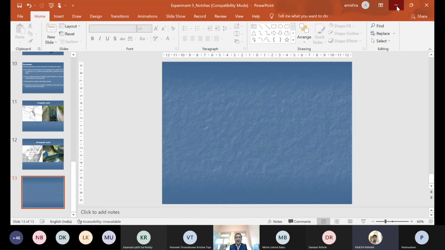So it's a 90-degree V notch we have used, and H0 is the initial gauge reading, means at 0 level when water was exactly at the tip of V notch. So it was 9.28.